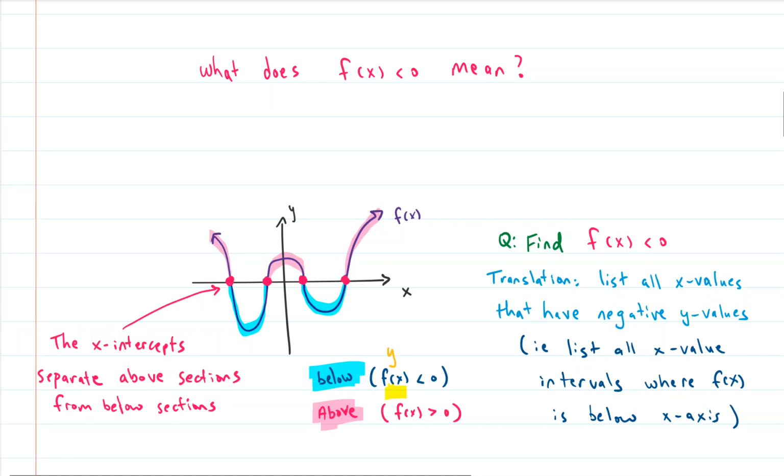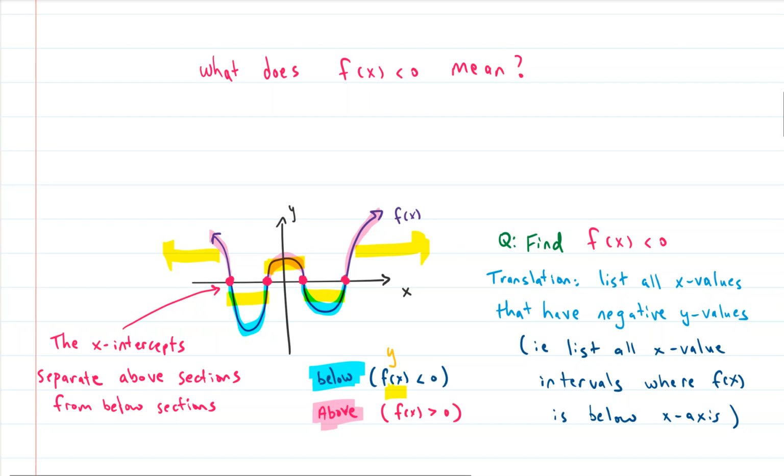We have our first x-intercept, and we can see that the function's above the x-axis. Between the next two x-intercepts, we see we are completely below the x-axis. Between the next two, we see we're above the x-axis, and then between the next two we're all below, and then from the x-intercept on the far right of the graph going forward to the right, we see we're completely above.